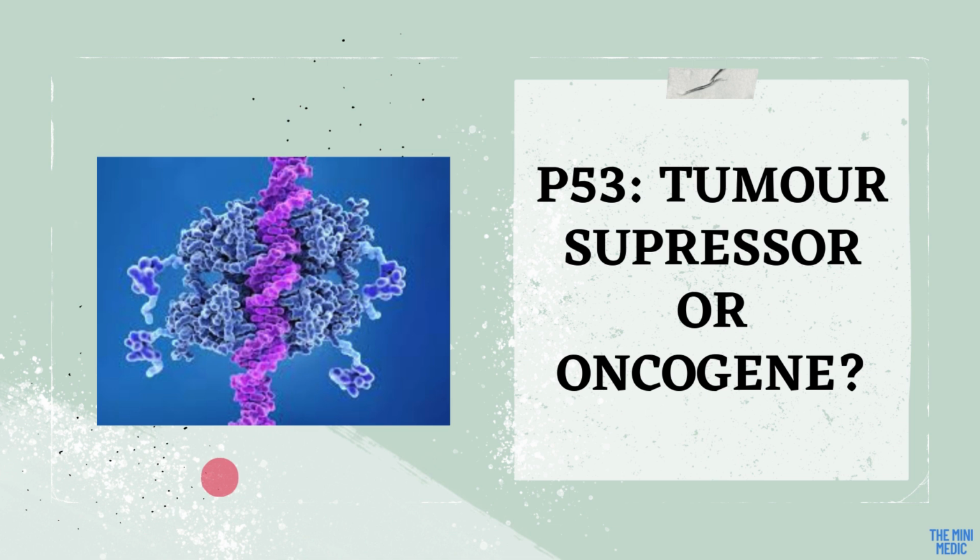However, p53, especially in the later stages of cancer, can also serve the function of an oncogene. And the gene responsible for expressing p53 is mutated in greater than 50% of all human cancer.